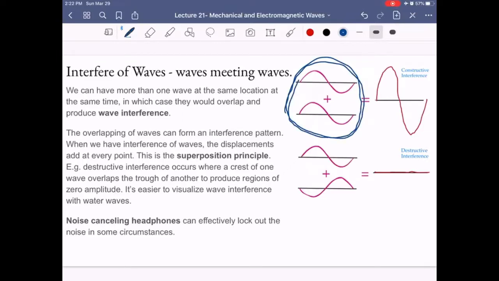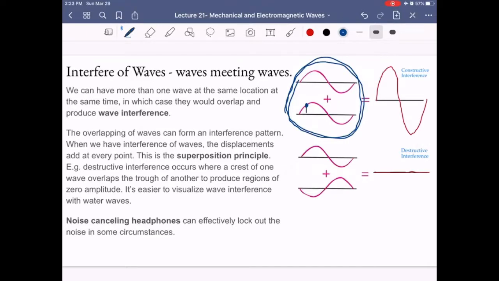It turns out that every single point of a wave would just add up to give a resultant wave. So really what's happening is this disturbance in space or medium. Those disturbances add up. Let's consider this point here.